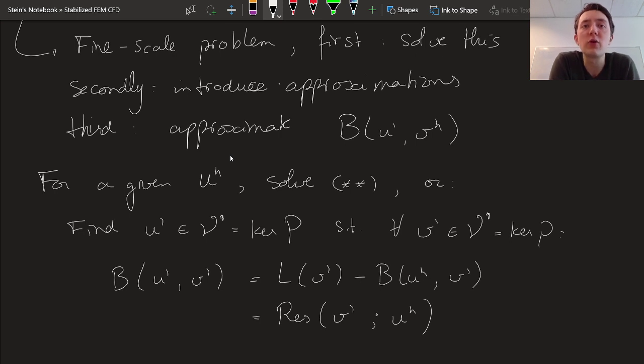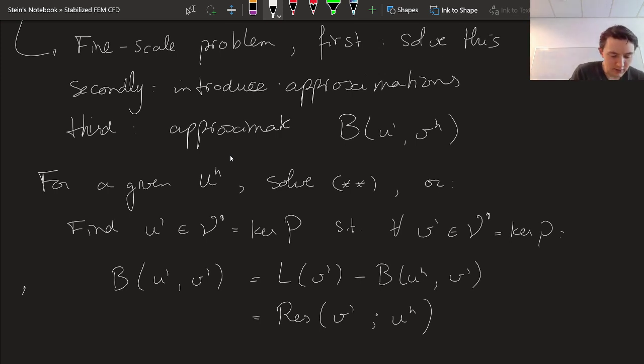And more generally, this just says that if we have a certain residual, then that's going to act as a force or a source function for the fine scales in pretty much the same way as we normally solve a differential equation where the right-hand side is some sort of force function. Yeah? So the right-hand side here is the residual, and that is driving the fine scales.